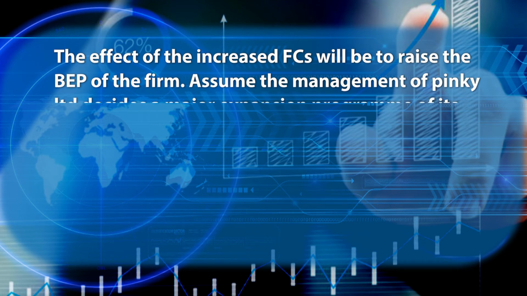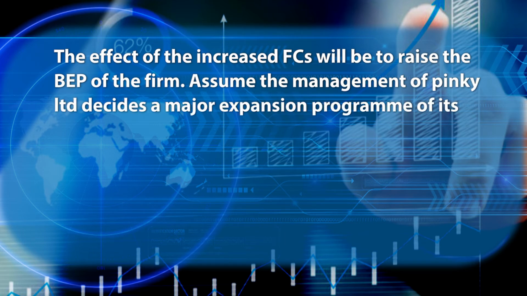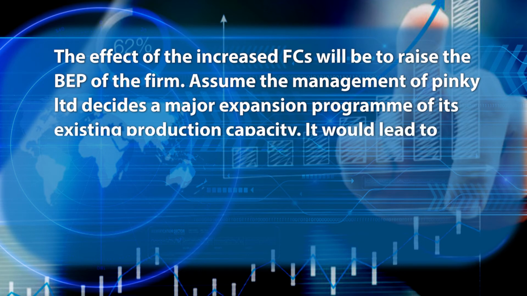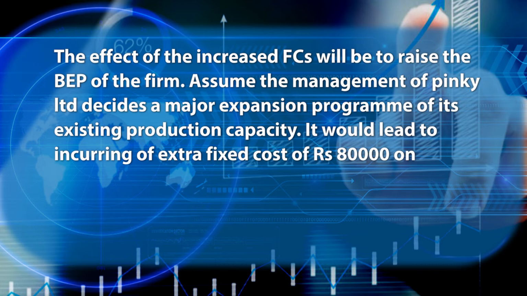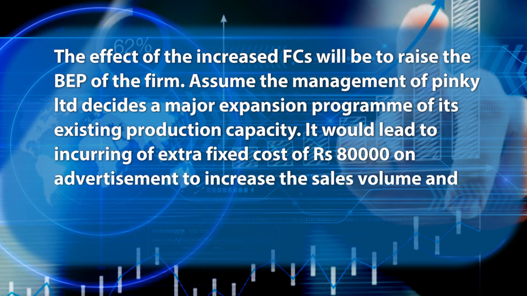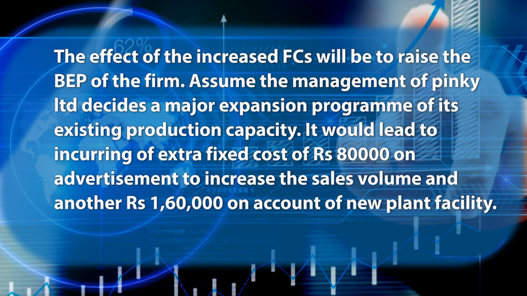Assume the management of Pinky Limited decides on a major expansion program of its existing production capacity. It would lead to incurring extra fixed cost of rupees 80,000 on advertisement to increase the sales volume and another rupees 1,60,000 on account of new plant facility.